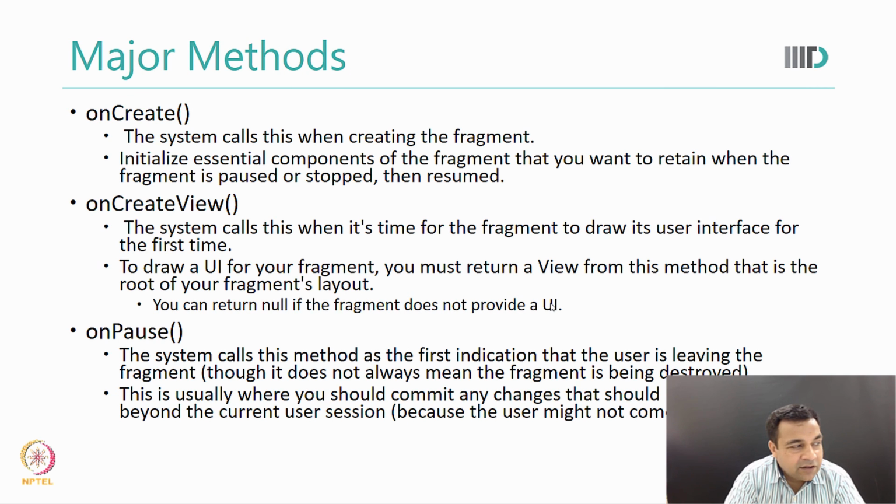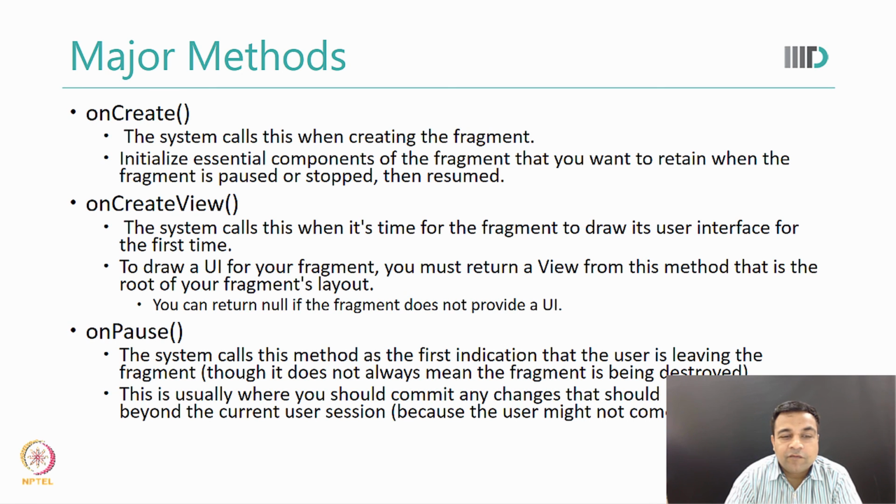Among these methods there are three which are important: onCreate, onCreateView, and onPause. The onCreate method is called when the system is trying to create the fragment, so you must initialize essential components of the fragment in onCreate. The second important method is onCreateView.